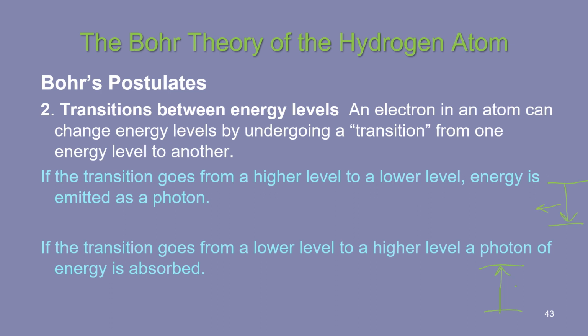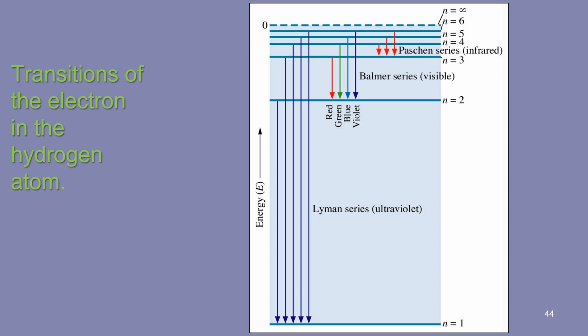So there's that particle duality of light. We're talking about light as a particle right now. So it's absorbed, and it's emitted if it's coming down. I should have shown that one again.